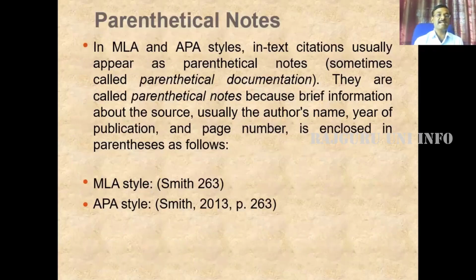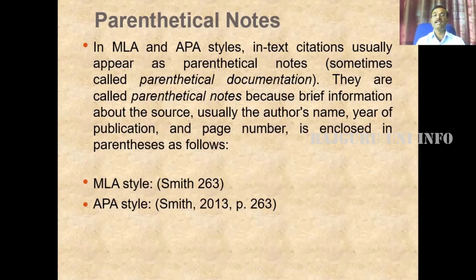Along with these citation methods, we are going to have some referencing text also, and that is in the form of parenthetical notes. Especially in MLA and APA styles, in-text citations usually appear as parenthetical notes. Sometimes they are called parenthetical documentation.